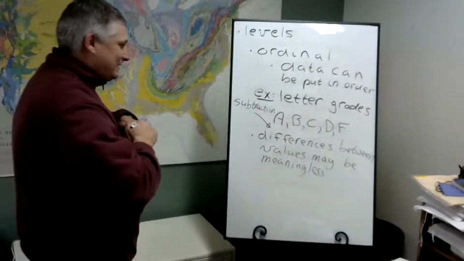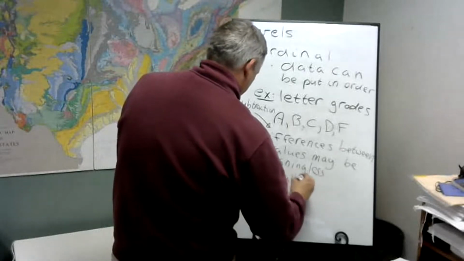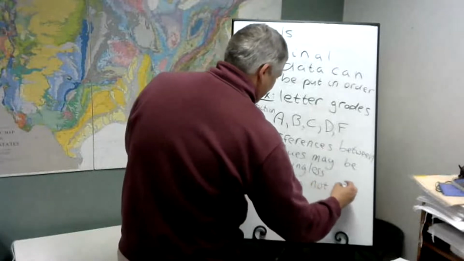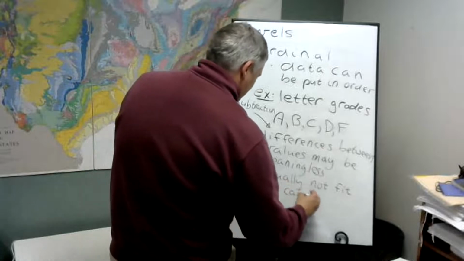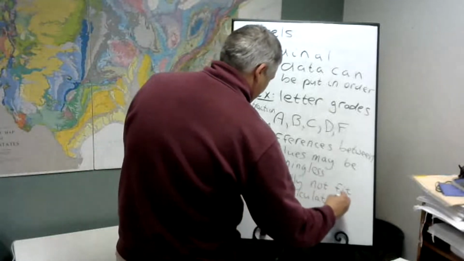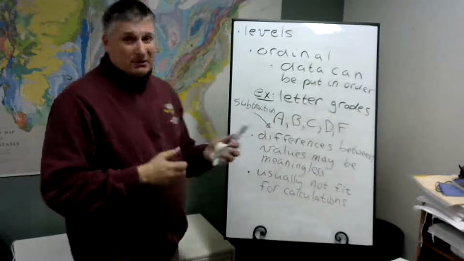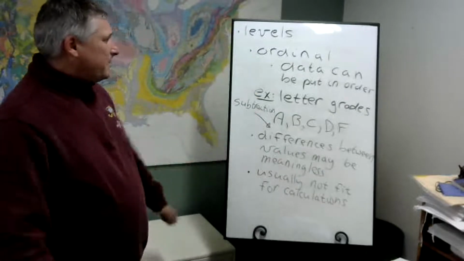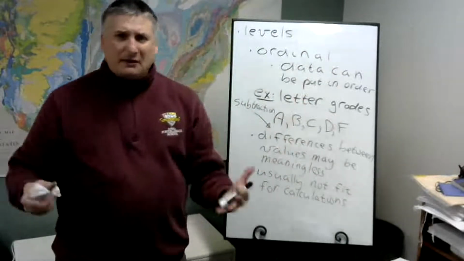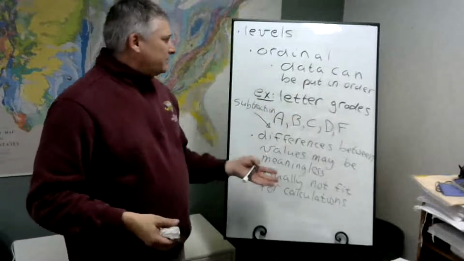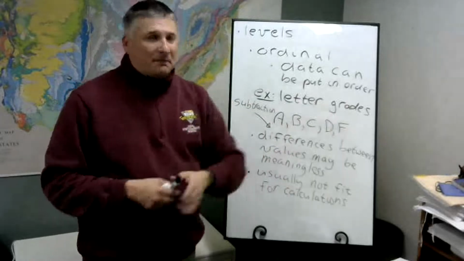Now, again, this kind of data is usually not fit for calculations, just like nominal data. All right, so we have nominal data, categories. There's no rhyme or reason with order or anything like that. Ordinal data could be in some ways categorical, but there's an order to the categories.